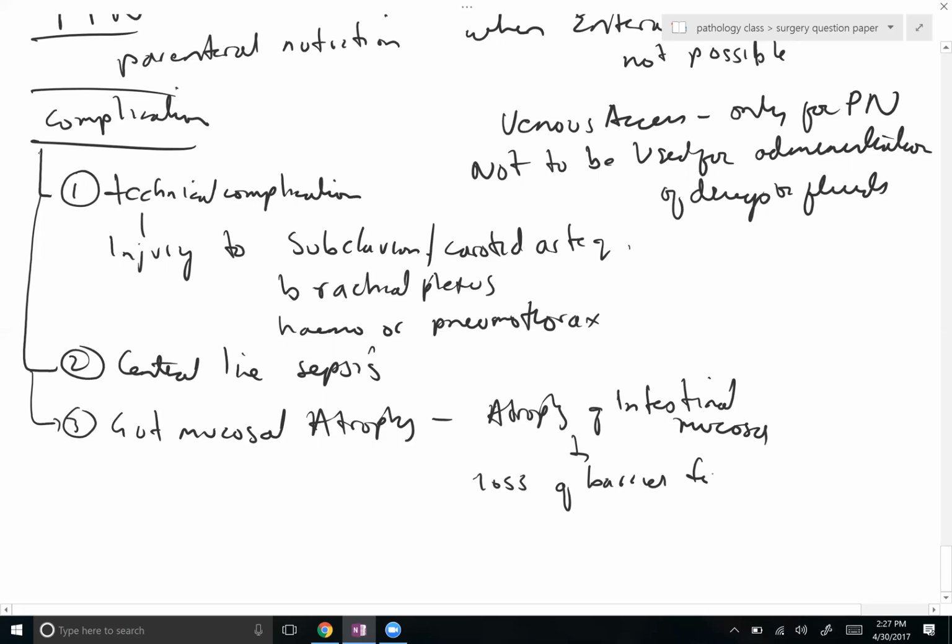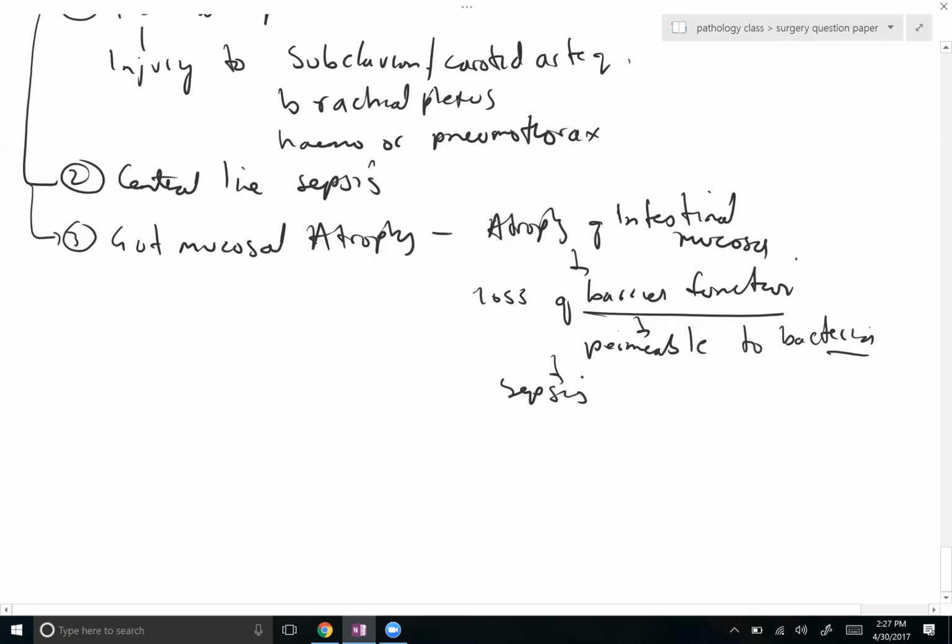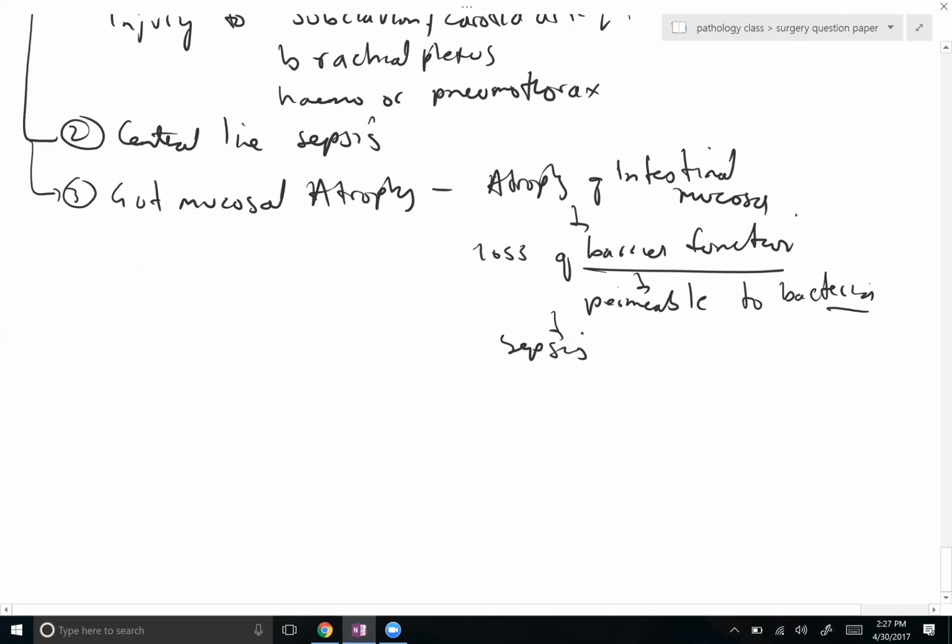When barrier function is lost, it becomes permeable to bacteria, and this can lead to sepsis. This is not seen in patients who are given partial parenteral nutrition, or in whom we go for enteral nutrition.